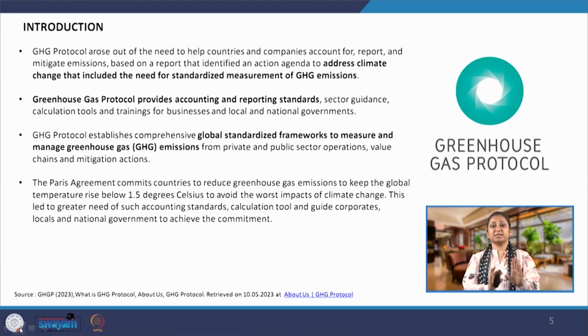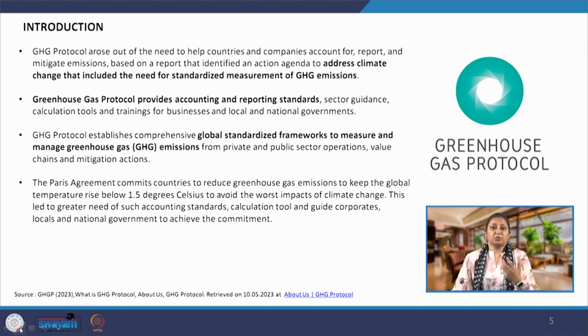Now, this is established, everybody knows that we have to reduce. We want to reduce, one, we have to know how to reduce it, and we also have to know how much we have reduced, so quantification is necessary.